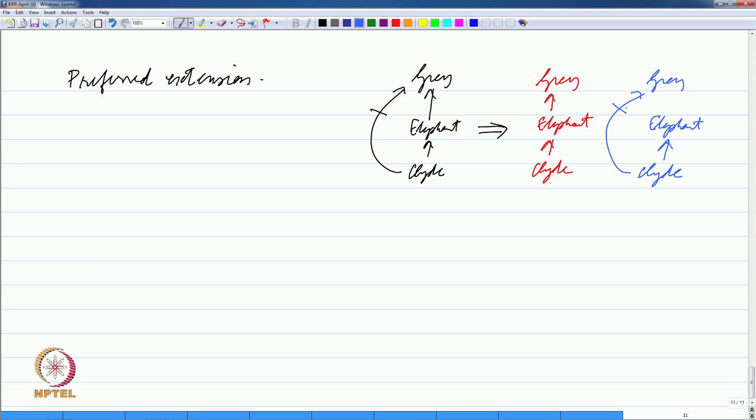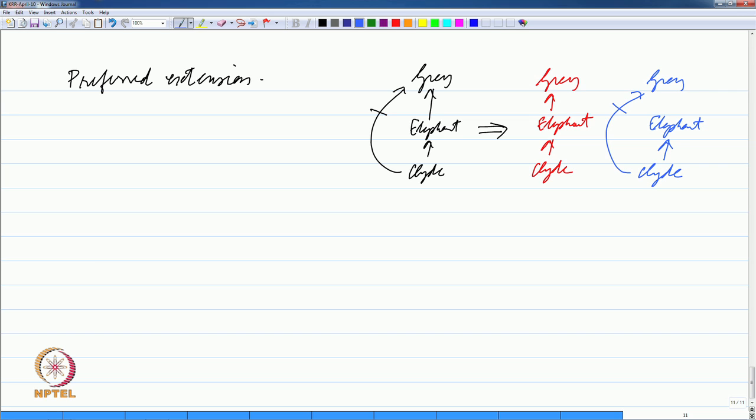One is the red one, which says that Clyde is an elephant and elephant is gray. The other one says that Clyde is an elephant and Clyde is not gray essentially. But in that second extension, we do not believe that elephants are gray. But remember that this extension is with respect to A essentially.